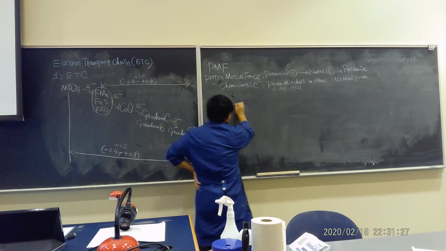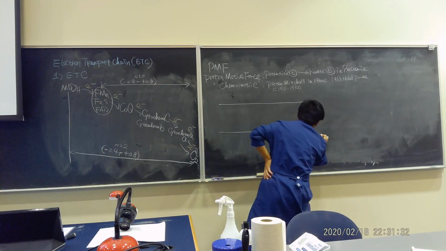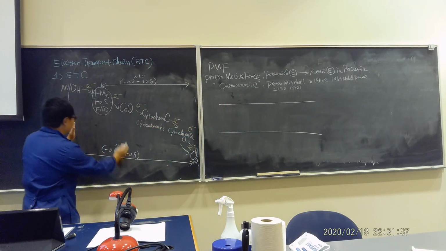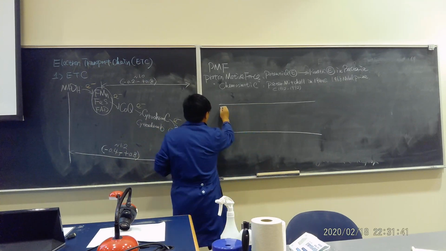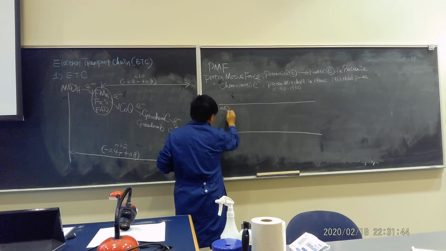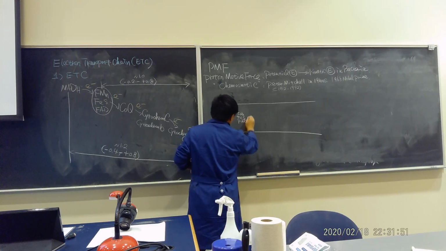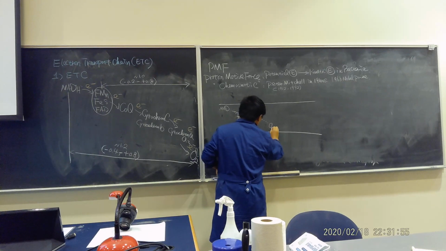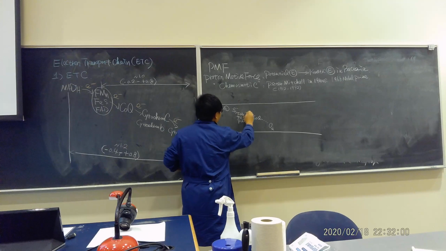We know the bacteria membrane system is like this. So we have NAD, we have FMN and Fe-S, we have cytochrome Q, that's the difference, and we have oxygen. Just like this, the electron is transferred.